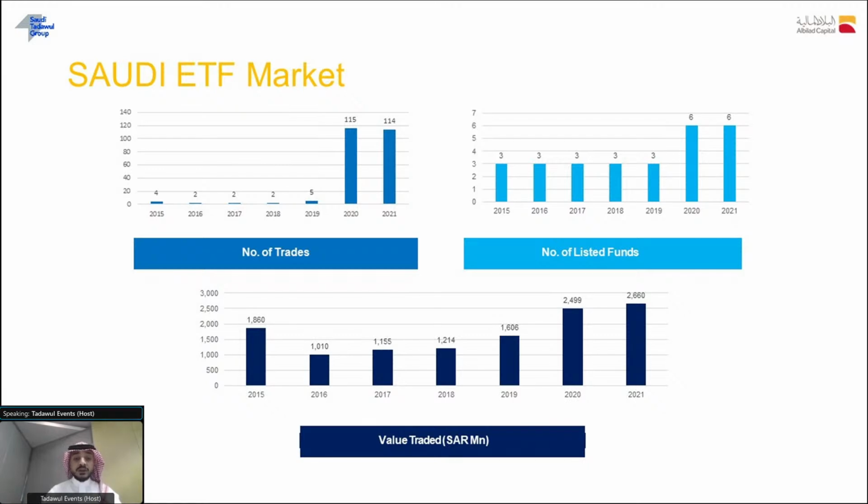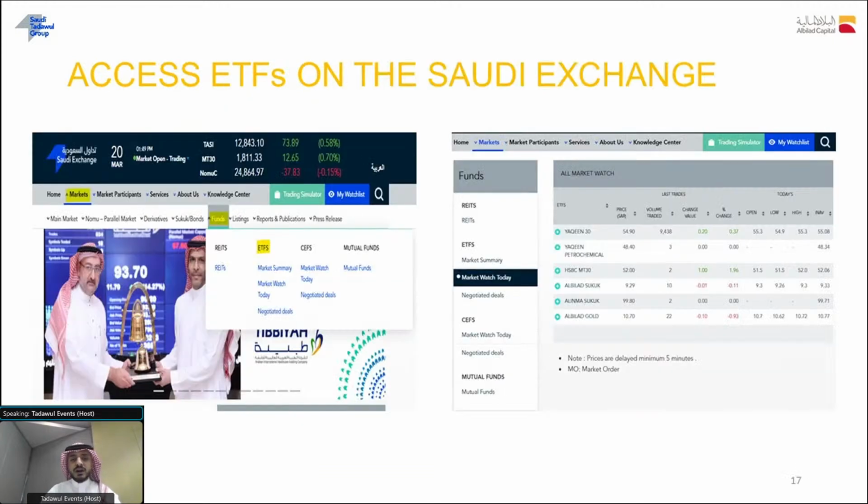There you will find all the ETFs listed on the Saudi exchange. At the moment, we have 6 ETFs. Two of them are HSBC MT30 and Yaqeen 30. They are focused on Saudi equities, large and relatively liquid equities in the Saudi market.